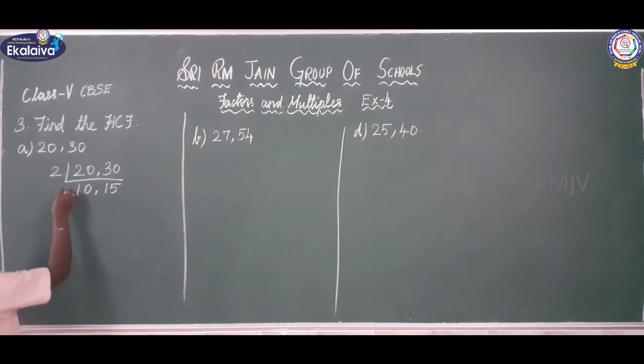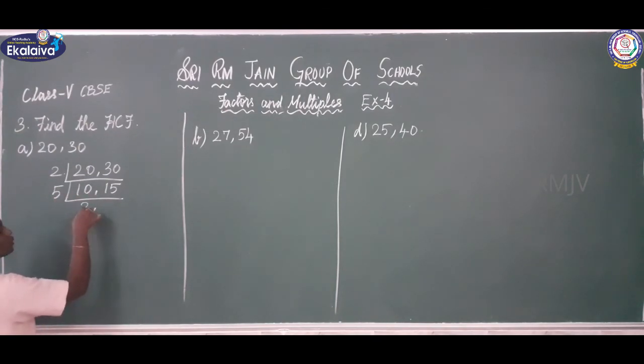Now we have to find out the prime factor for 10 and 15. Both the numbers are divisible by 5. So 5 is the common prime factor for 10 and 15. Here 10 divided by 5, that is 2, and 15 divided by 5, that is 3. Here 2 and 3 are prime numbers. So we have to stop here.